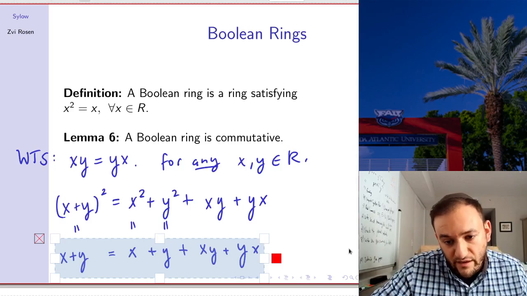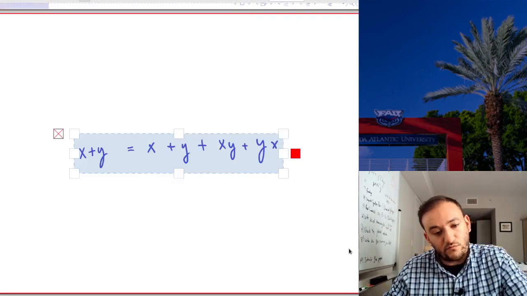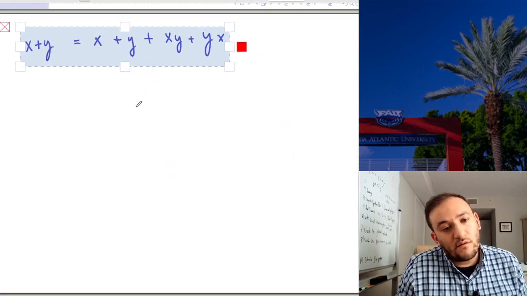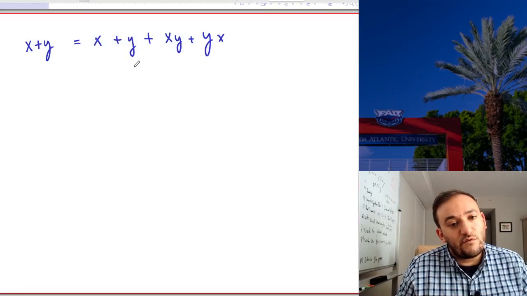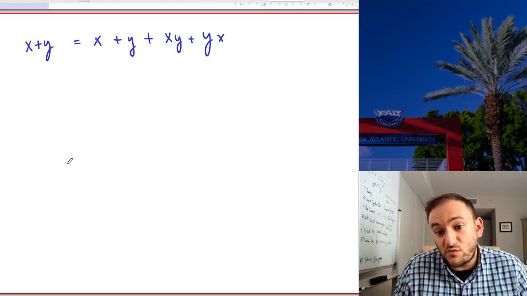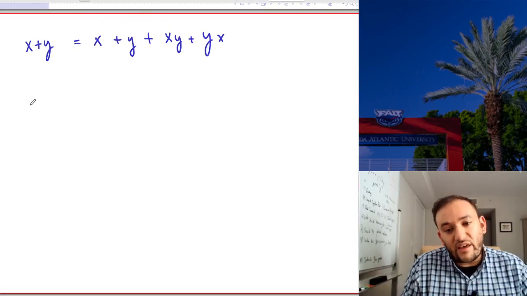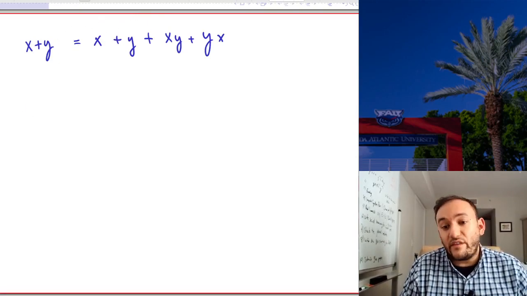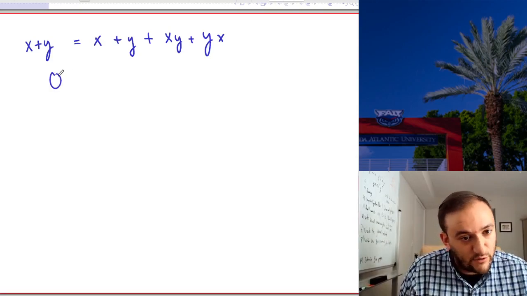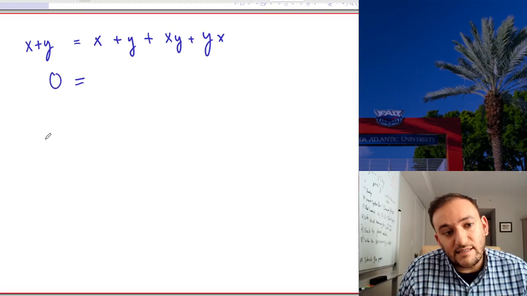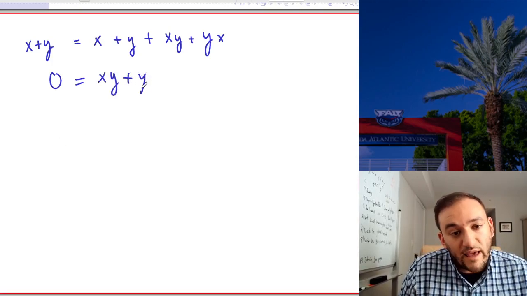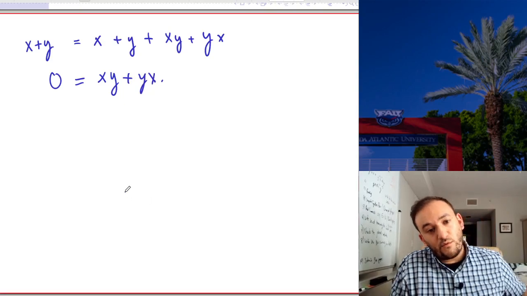So this is what we have so far. If x plus y equals x plus y plus xy plus yx, we can get rid of x and y because we can add their additive inverses. We always have additive inverses because it's a group under addition. So we get 0 on the left-hand side equal to xy plus yx.